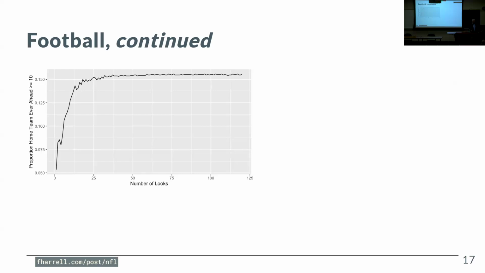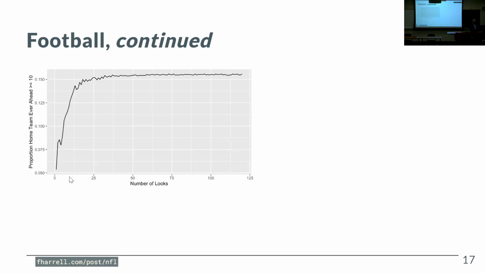If you looked at the game continuously, which I just put as 125 looks, so you're looking twice a minute and assessing the score, you've got a probability of 0.15 of your team that ultimately tied or lost at some point in the game being ahead by 10 points or more.